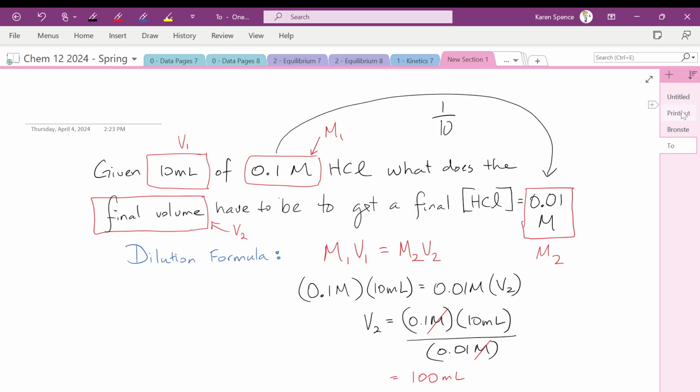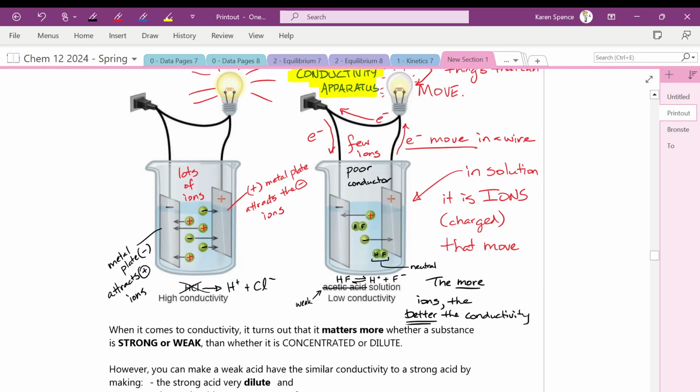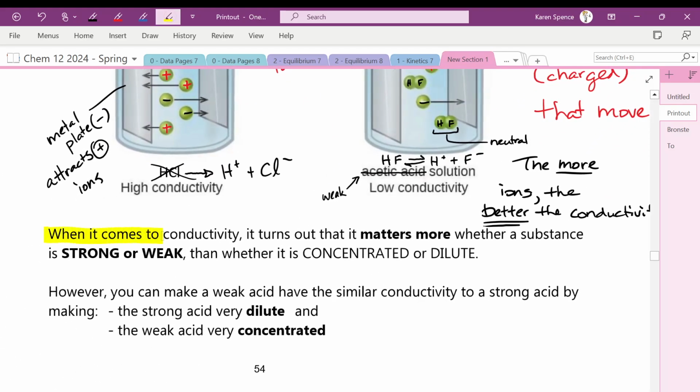Which is more important when it comes to conductivity, strength or concentration? Strength, okay? So when it comes to conductivity, it matters more whether it's strong or weak than whether it is concentrated or dilute.